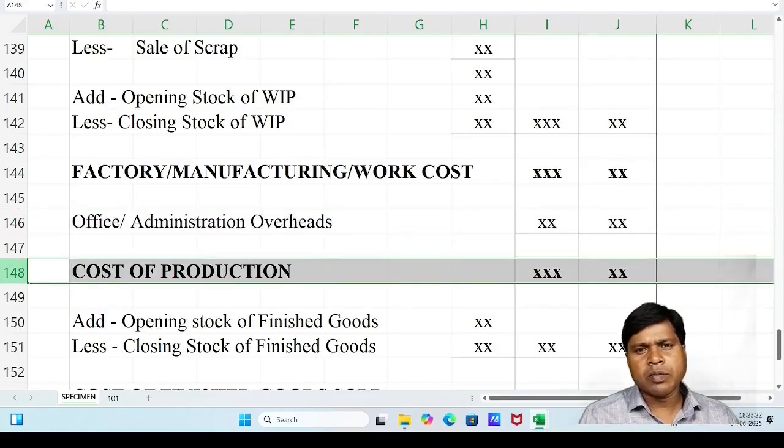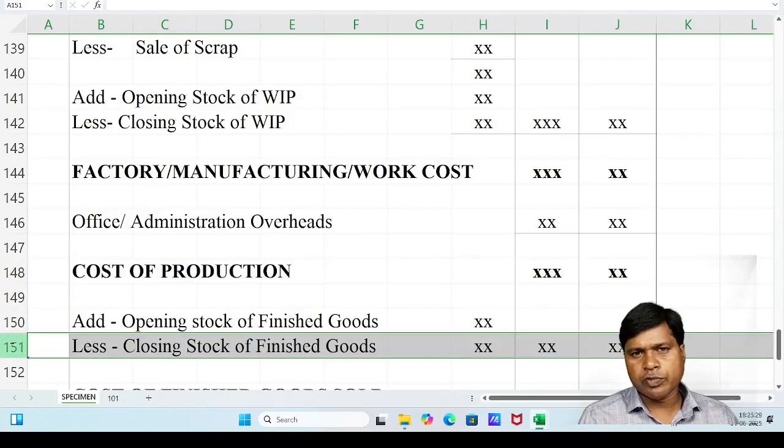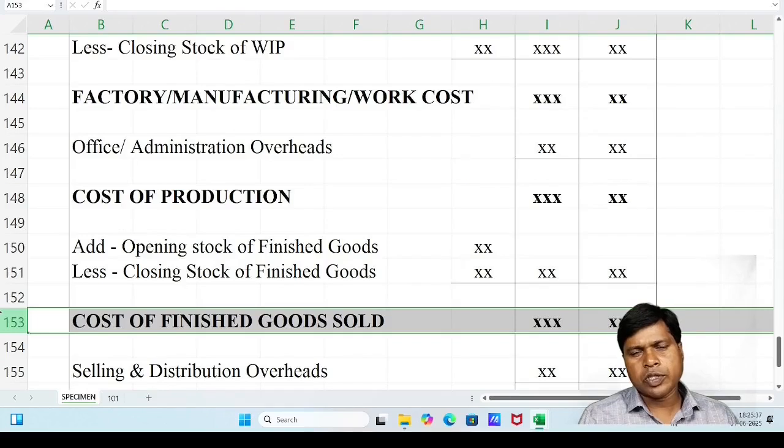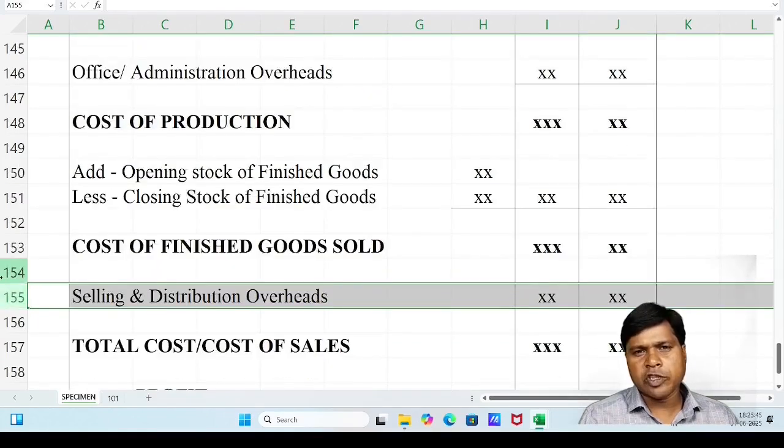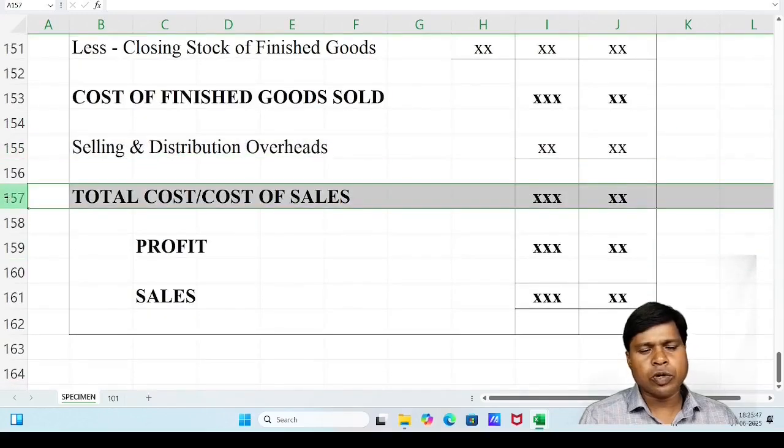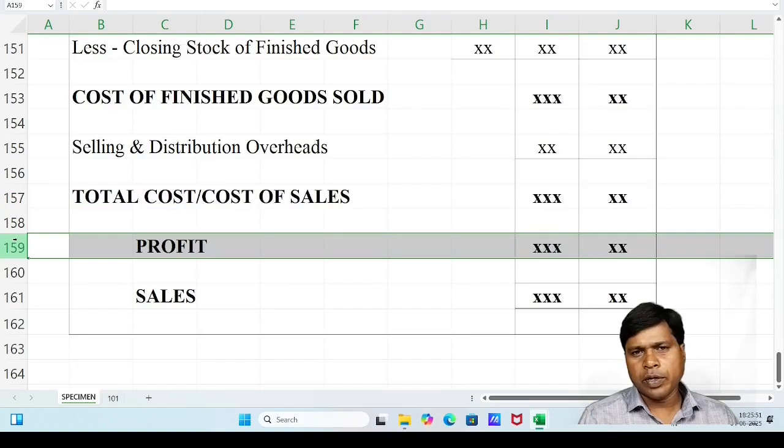As per the previous format, we have to add opening stock of finished goods less closing stock of finished goods. Total is called cost of finished goods sold. Then addition of selling and distribution overheads, we will get total cost or cost of sales or cost price, then profit or loss and sales. So this is the alternative format of cost sheet or cost statement.